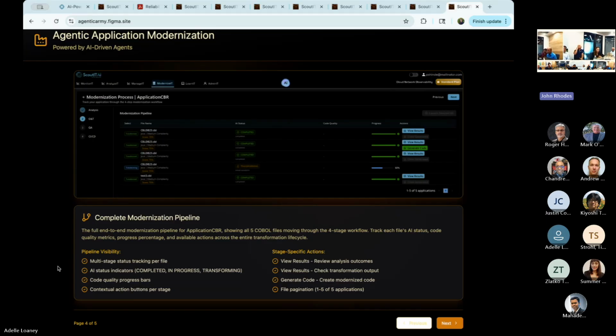You could track each file's status, the code quality, progress percentage, and the available actions throughout the entire life cycle of that transformation. So you'd be able to see multi-stage status tracking, AI status indicators, code quality progress bars, and contextualized action buttons. You'd see results and see where it's at generating the code.